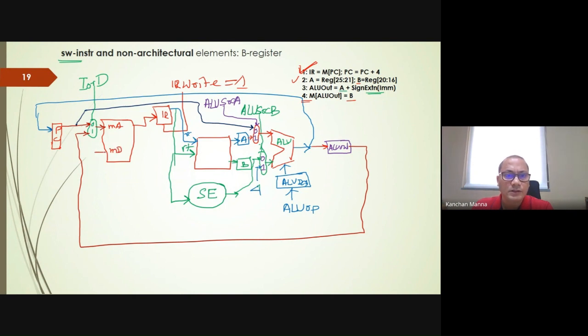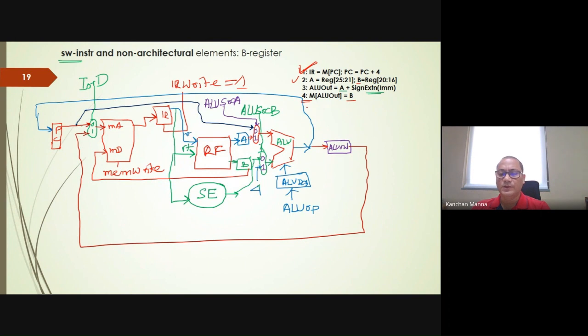So we have to bring the data from B. Got it. And then we have to say memory write. Alright. Then data would be right here.